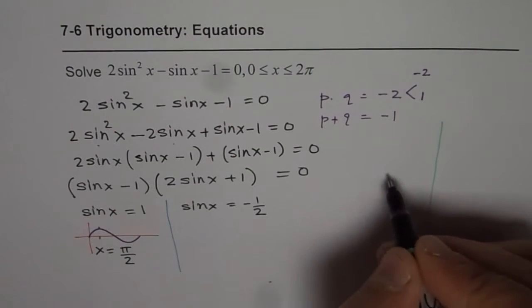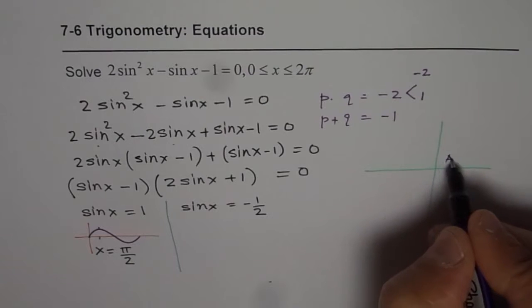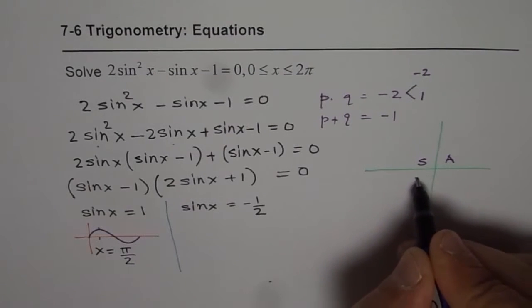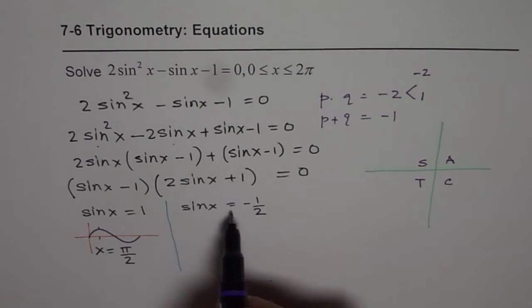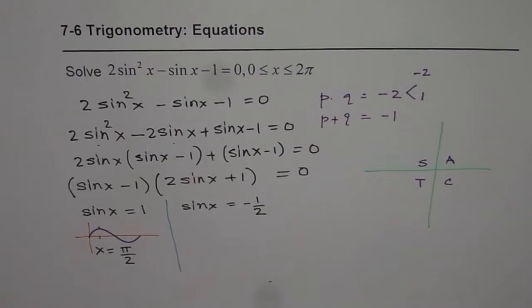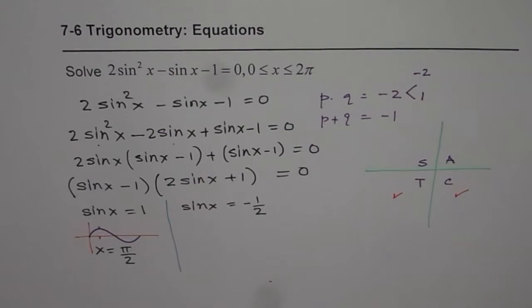So on a coordinate plane, we know the CAST rule. We know all are positive here. Sine is positive in quadrant 2, tan in 3, and cos in quadrant 4. Since sine x is negative, that means we could have two solutions, one in quadrant 3, the other one in quadrant 4.